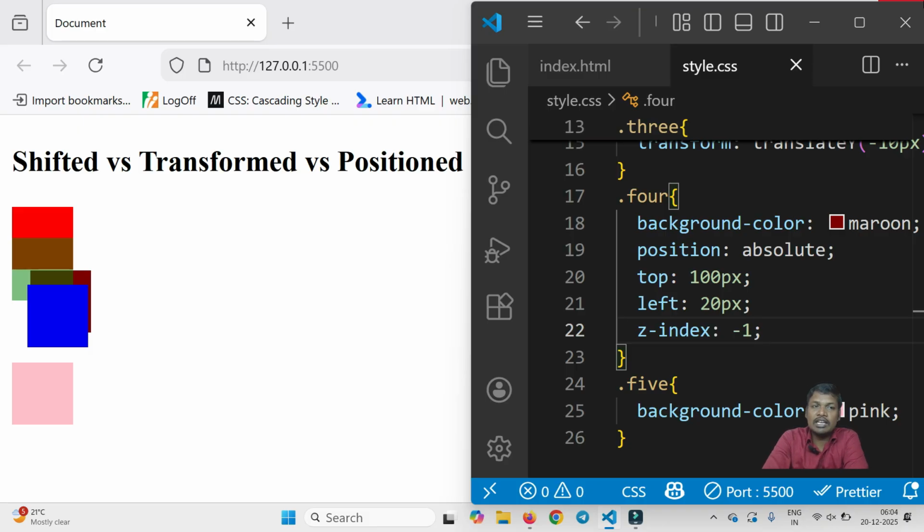Even though they overlap, they are still just positioned over the normal element. A transformed element is positioned over the normal and the shifted elements. And the positioned element is positioned over the normal, shifted, and transformed elements. This is the real concept in this class. Okay, you have learned shifted, transformed, and positioned elements. I hope so. Thank you.